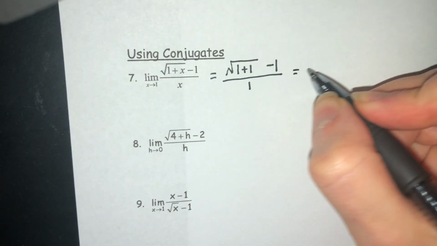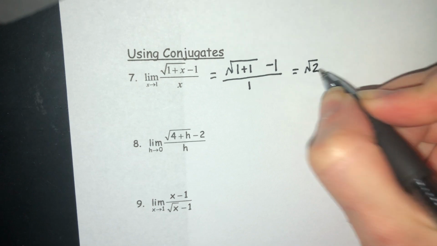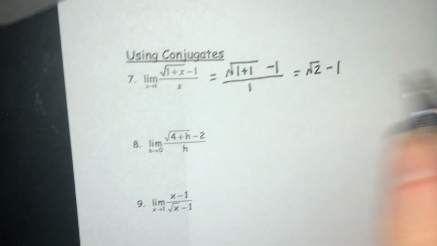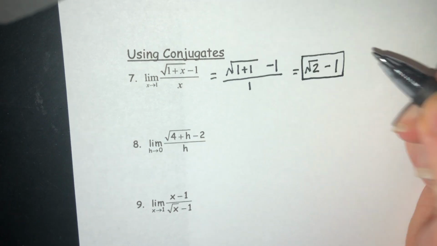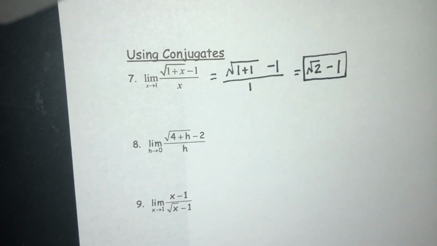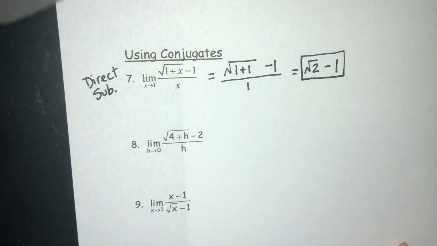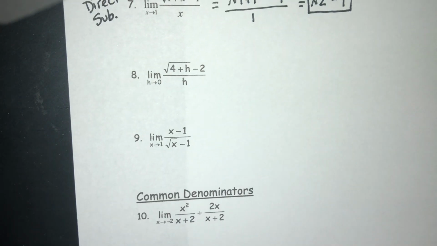So this gives us square root of 2 minus 1, and the denominator of 1 is not needed. So there's our answer. So I didn't actually use conjugates here. I used direct substitution.